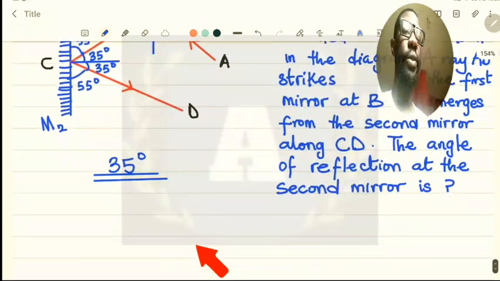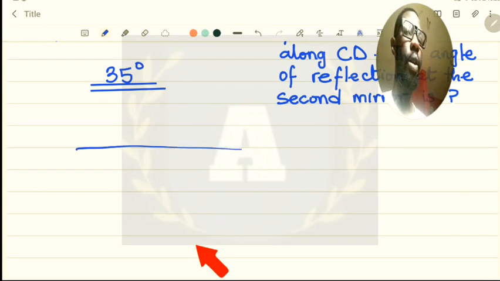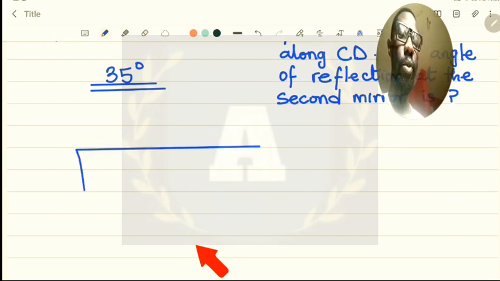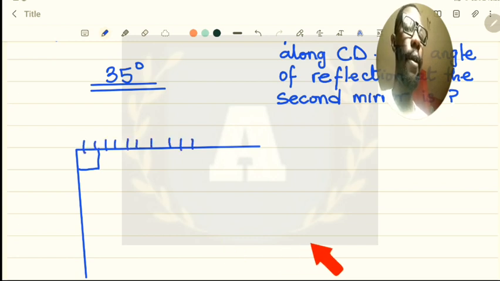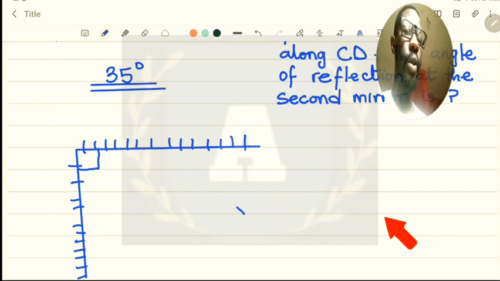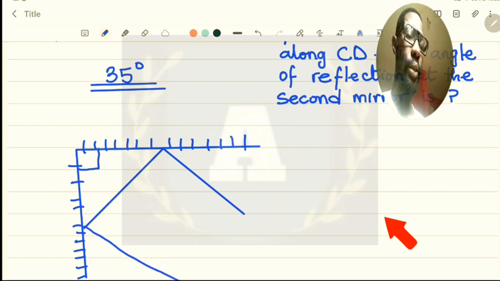Now I want you to quickly tell me the answer to this question, when you have two mirrors also inclined at angle of 90. You have the incidence ray, then it strikes this side, then emerges here.